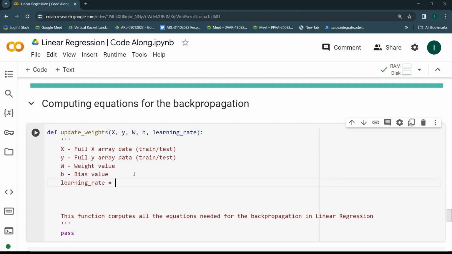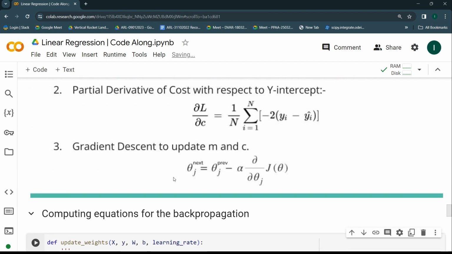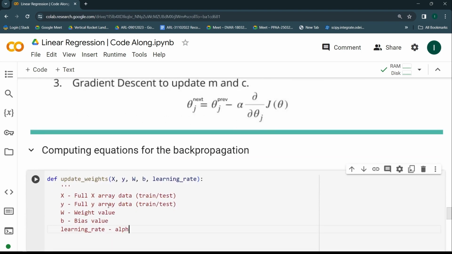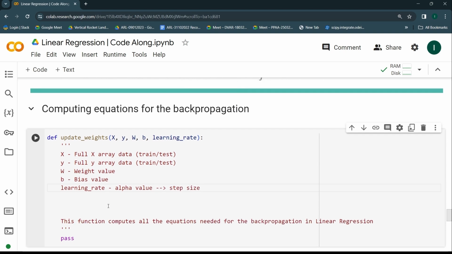What is this? This is the step size that you will be giving to these derivatives, the partial derivatives with respect to your model parameters, right? So learning rate is your alpha value, which is nothing but the step size, right? And what is it going to return? It's going to return the updated values of W and B. This is something that I want this particular function to do.